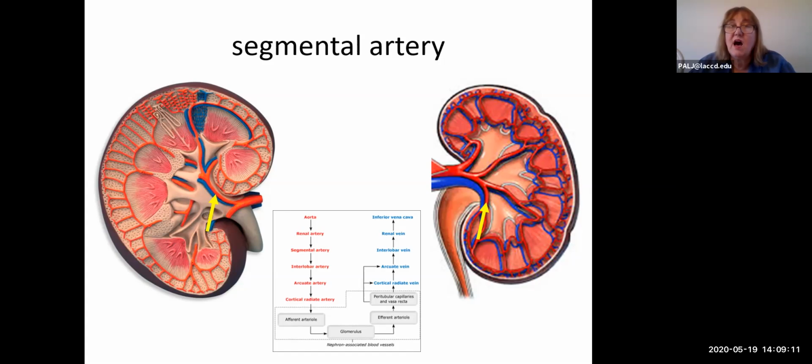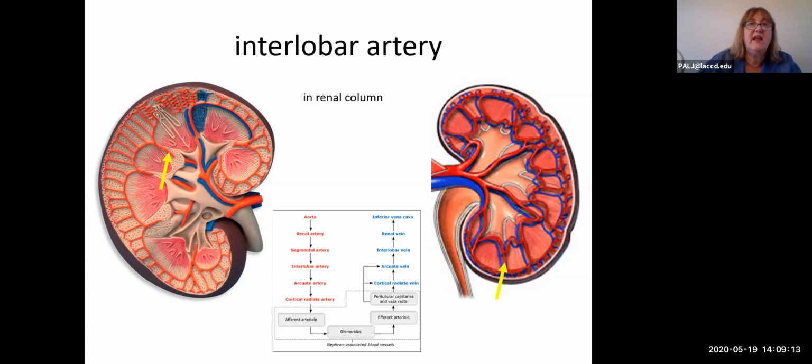In the renal column, it will have a name change and now is called an interlobar artery, meaning between lobes. I guess the lobes are the pyramids. The name to me doesn't make any sense. It's just what it's called, the interlobar artery, and they are located in the renal column.